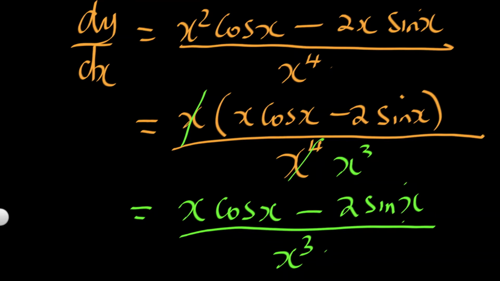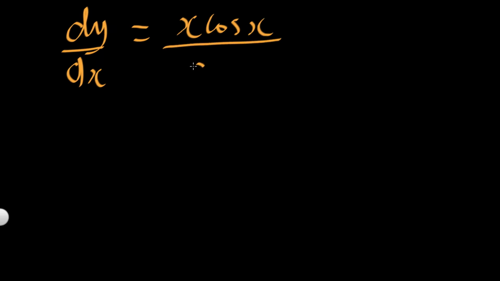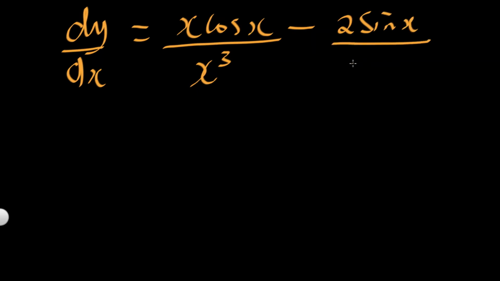You know, if you have a fraction like this, it means x cos x over x cubed minus 2 sine x over x cubed again. So let us write it in that format and you see what is going to happen. So it will be dy dx is equal to x cos x over x cubed minus 2 sine of x over x cubed.